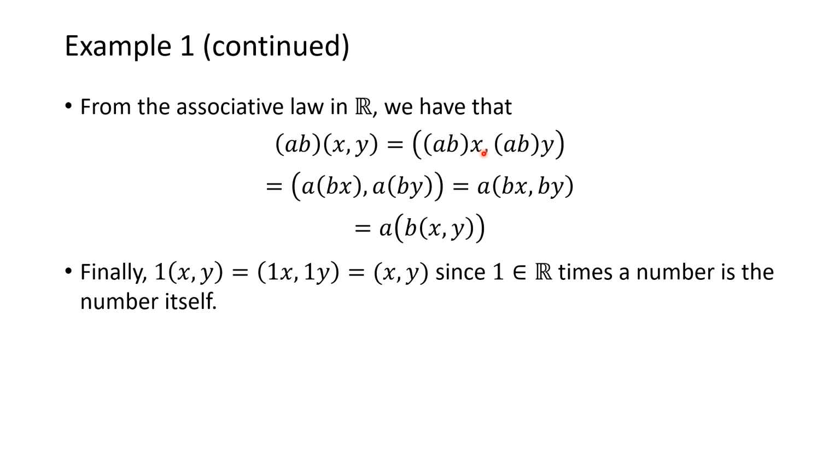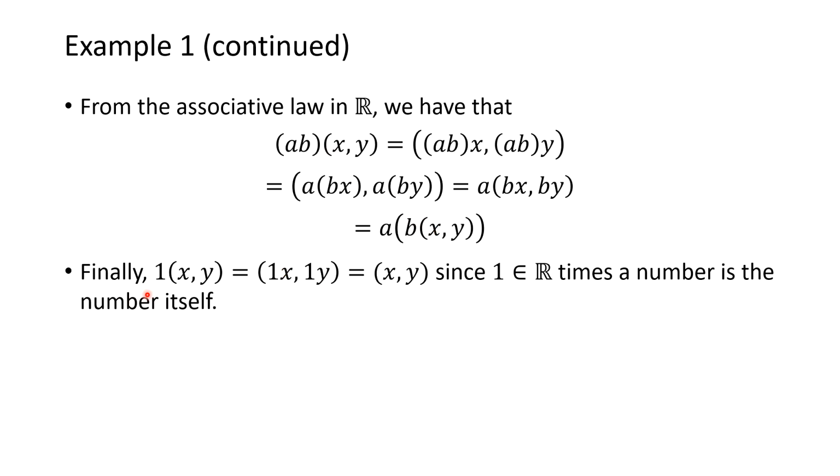But then from the associative law for real numbers, we have a times bx, a times by to get from here to here. Then we can pull out the a using the definition of scalar multiplication times a vector. And we can pull out the b, again using that same law. And then we have the property that we wanted.